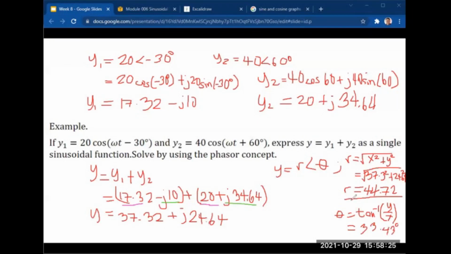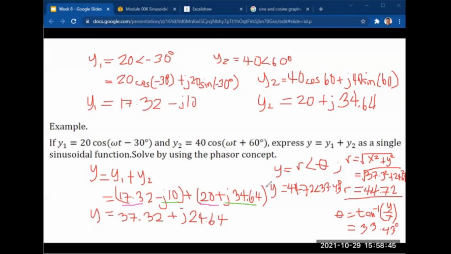Now, what happens next? We have our y in polar form, 44.72 at 33.43 degrees.